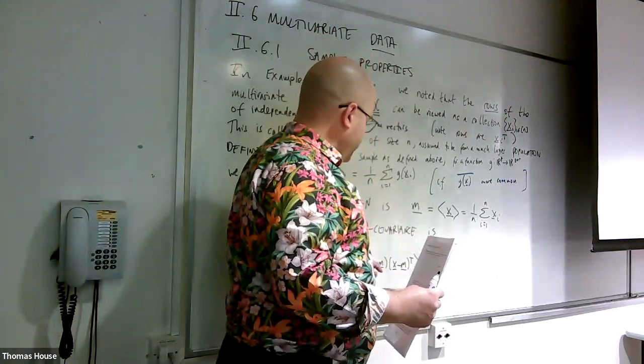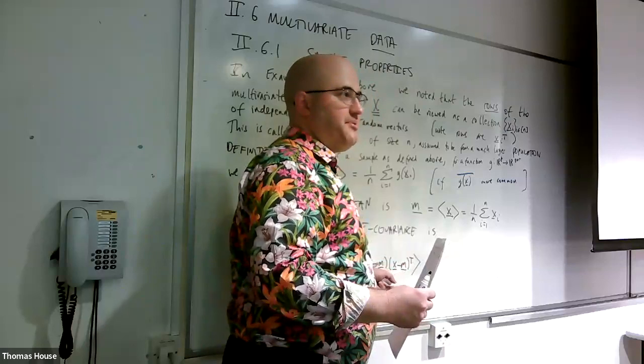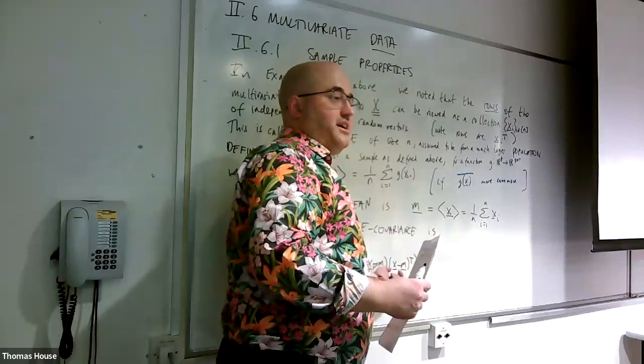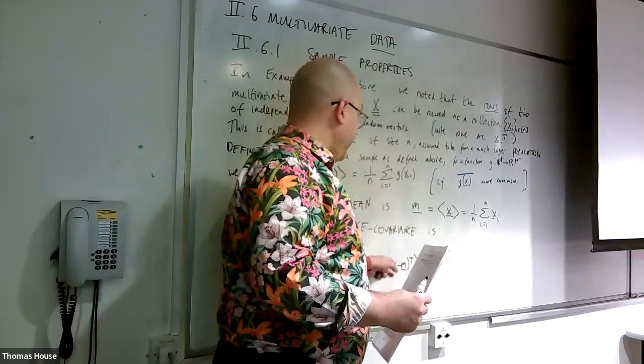But if you look at this, each of these is a random variable. So this is an outer product. It's a matrix, like the matrix in the multivariate normal.